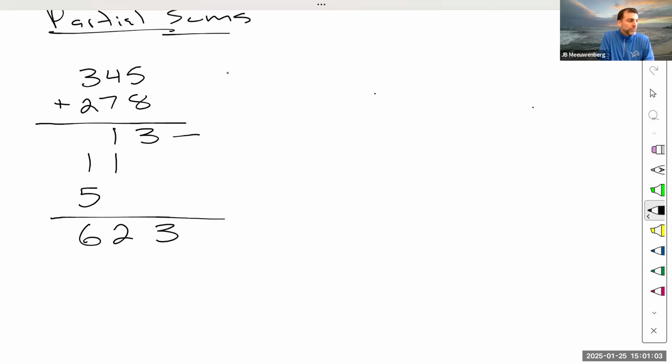Here's another way. Let's still use 345 plus 278, except this time I'm going to write it in a version of expanded form. So 345 is equal to 3 hundreds plus 4 tens plus 5.